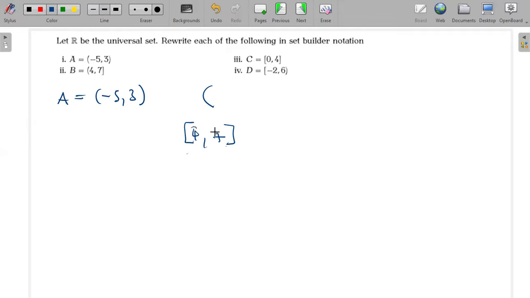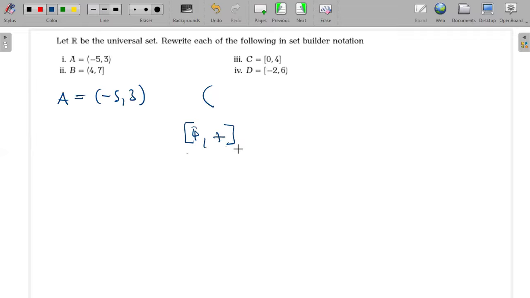Real numbers, there are a lot of numbers there, because real numbers consist of natural numbers, integers, rational numbers, and irrational numbers. So just between even 0 and 1, there are infinitely many real numbers.